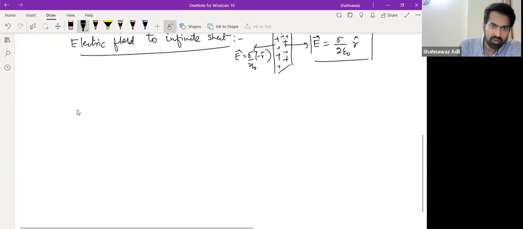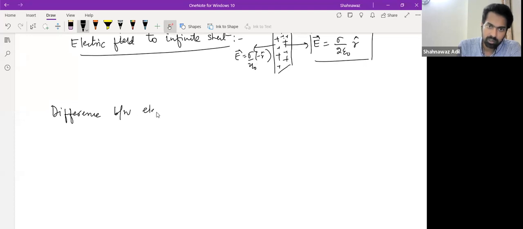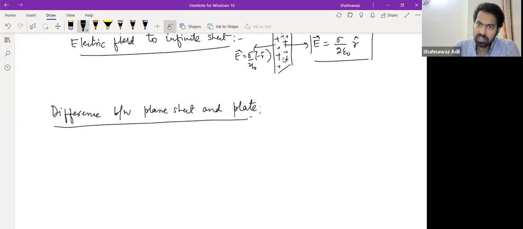But we have an electric plate also. So the difference between a plane sheet and a plate: this plane sheet has only one surface, but in the case of a plate, we have two surfaces.